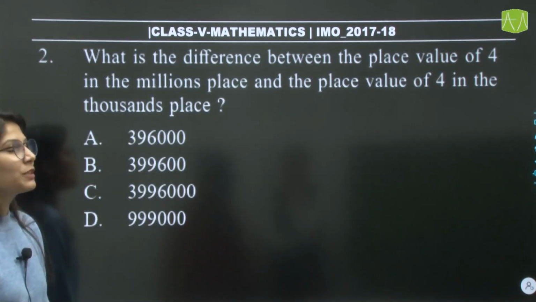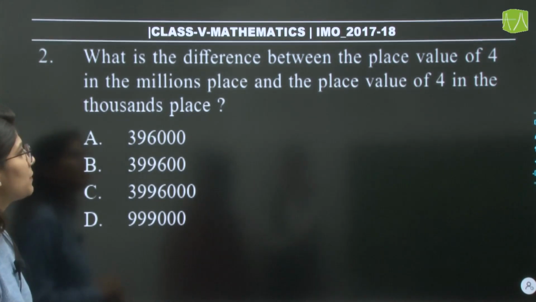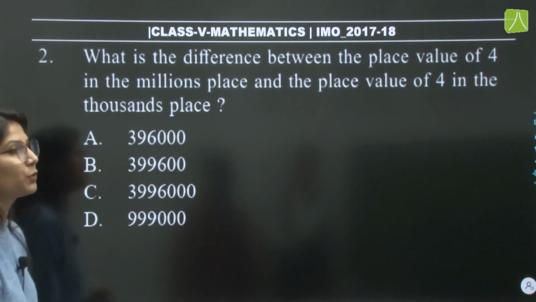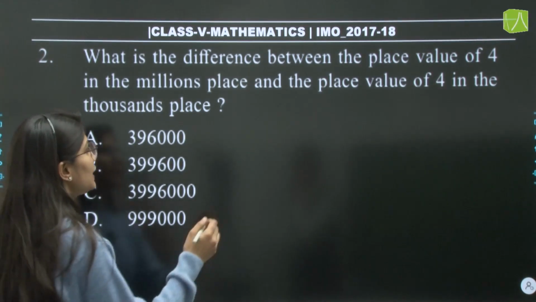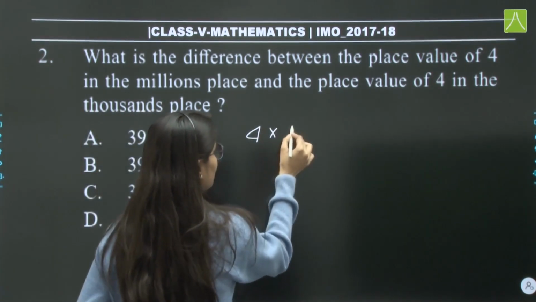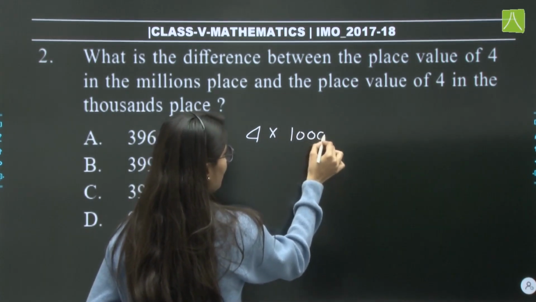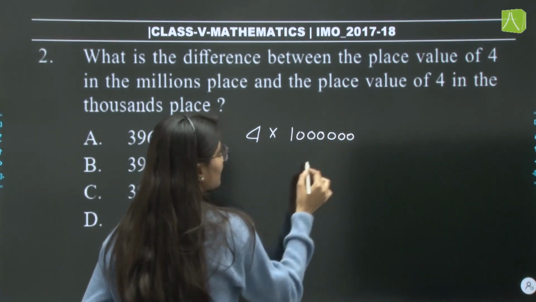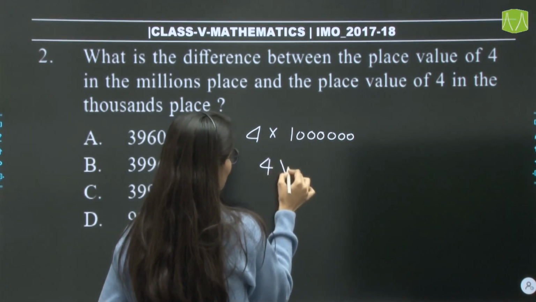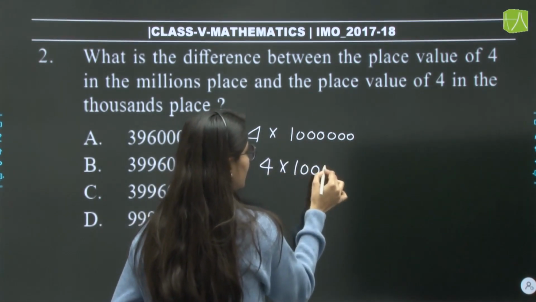So now the second question is, what is the difference between the place value of 4 in the millions place and the place value of 4 in the thousands place? So the place value of 4 in millions place, you can find it out by 4 multiplied by 1 million. And the place value of 4 in thousands is 4 multiplied by 1000. And you have to find out the difference.